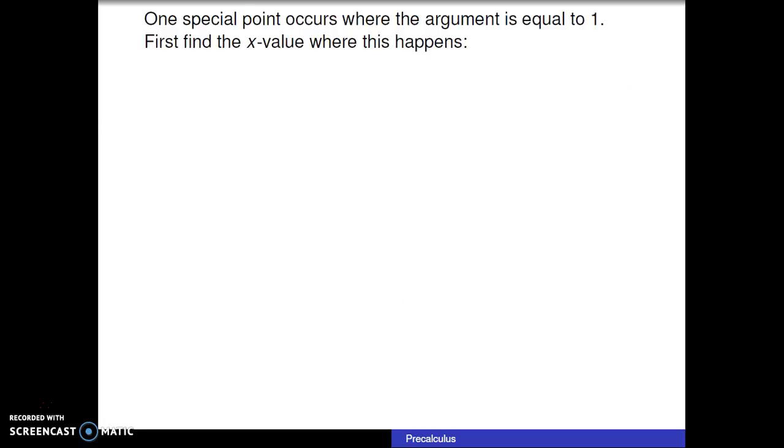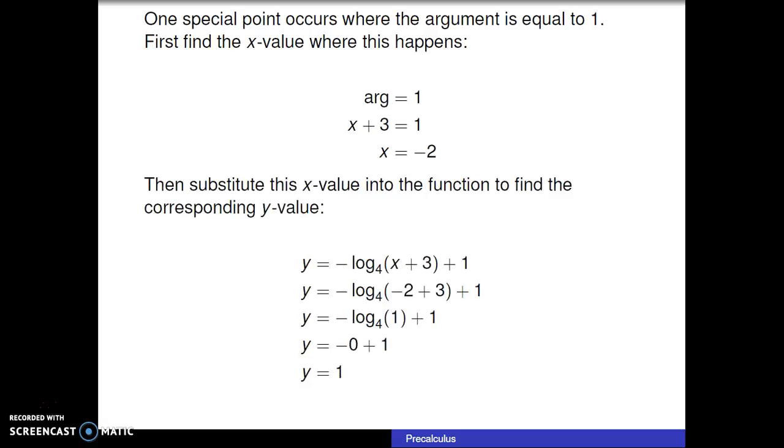Next, we'll find our special points. One of those happens where the argument is equal to 1. So let's find the x value where the argument is 1. We set argument equal to 1. The argument was x plus 3. We solve by subtracting 3 from both sides. We get x equals negative 2. Then we'll substitute that x equals negative 2 into the function. Here's our function.